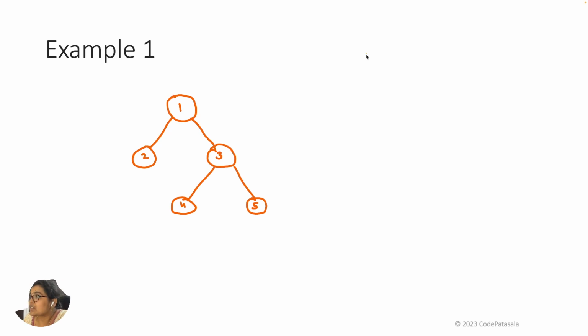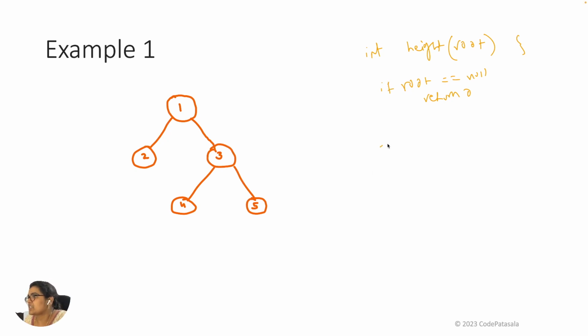So first let's write the height algorithm. How do we find height? We take root as input, and if root is null, that means it is an empty tree, then height is 0. So this is the base condition.